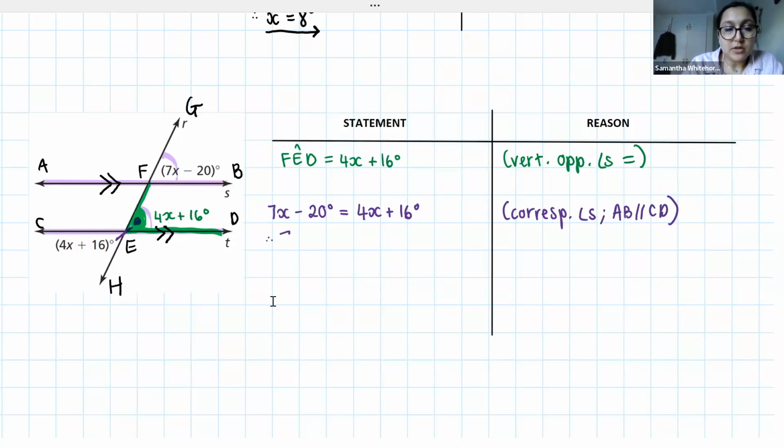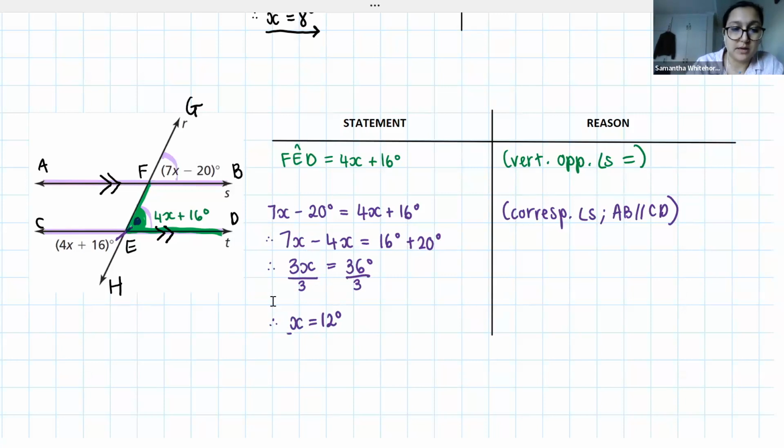So I'm going to bring the 4x over, inverse operation, 7x minus 4x is equal to 16 plus 20, inverse operations. 7x minus 4x is 3x, 16 plus 20 is 36. Again, we're solving for x, so I don't want that coefficient of 3, so I'm going to divide it away. x is equal to 12 degrees.